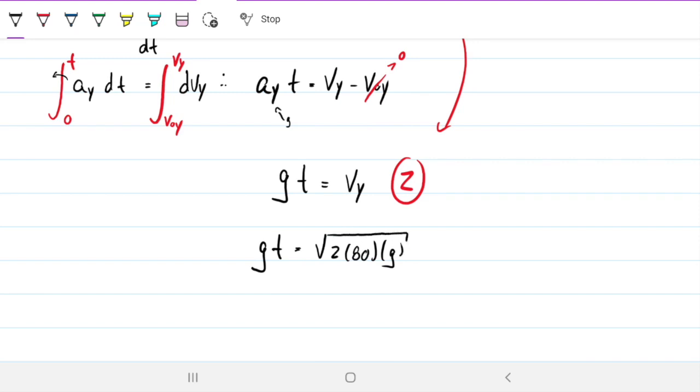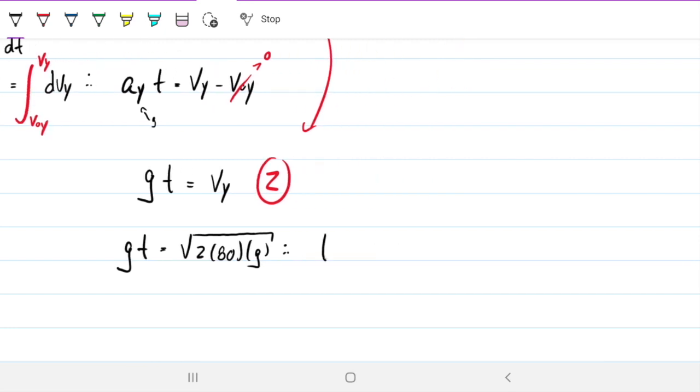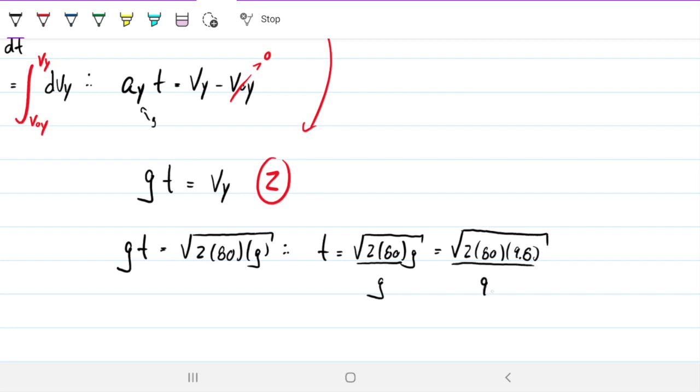Okay, so that means, therefore, time is just the square root of 2 times 80 times gravity, everything divided by gravity. And this is just 2 times 80, 160, times gravity, and 9.8 will do for precision.